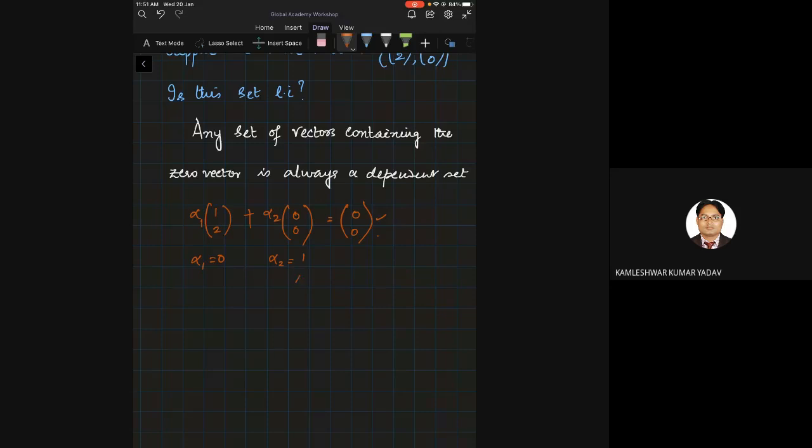If I put alpha 2 is equal to minus pi, I would still get 0. If I put alpha 2 is equal to pi power e, I would still get 0, because it is anyway multiplying the zero vector, right? That means there is no unique way of representing that zero vector. There are infinitely many ways of representing the zero vector, and therefore any set of vectors which contains the zero vector is always a dependent set. Is this clear?